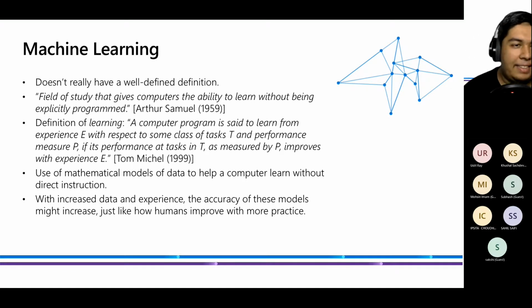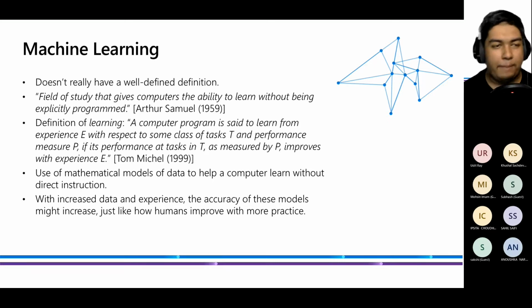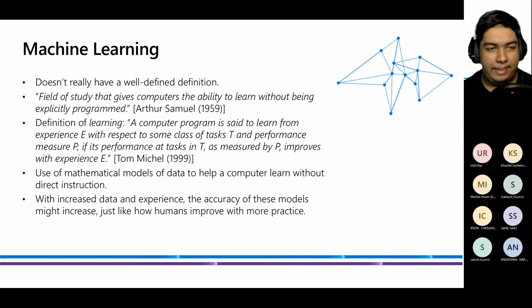Arthur Samuel said that it is a field of study that gives computers the ability to learn without being explicitly programmed. That means we can have data and create models out of that, mathematical models, obviously, and that will help a computer to, quote unquote, learn without any instruction that is given explicitly.